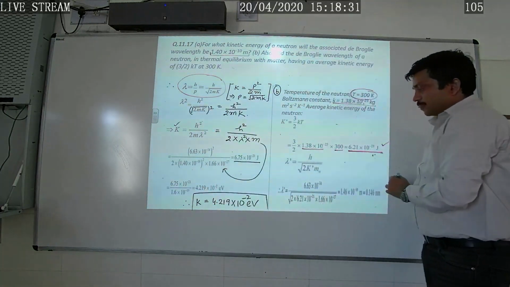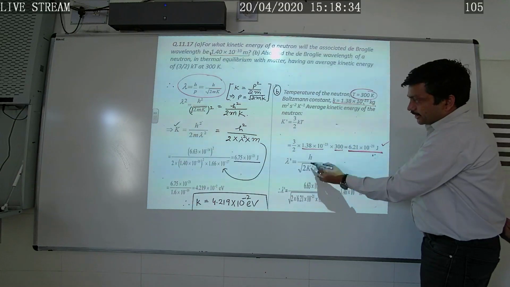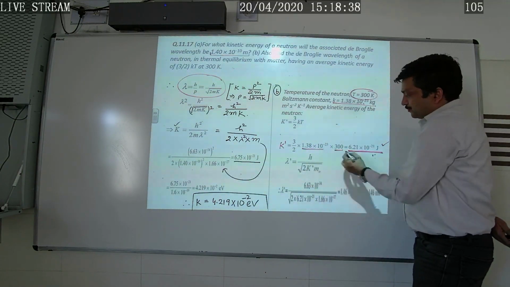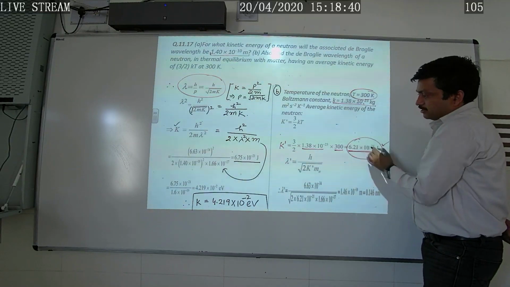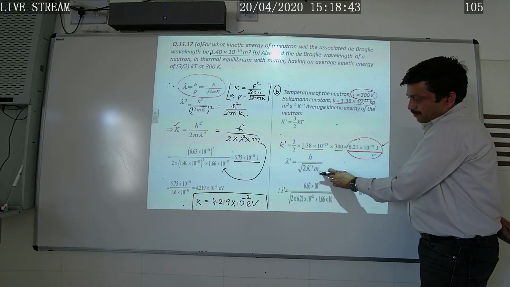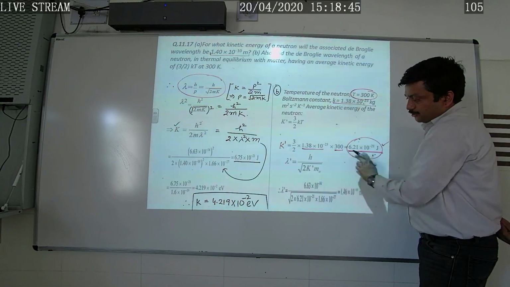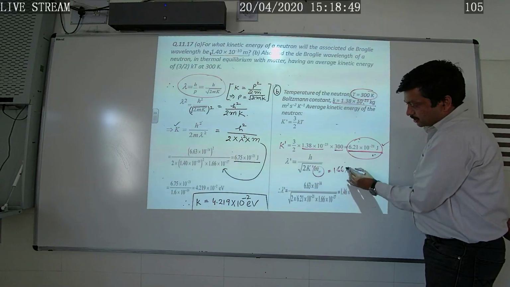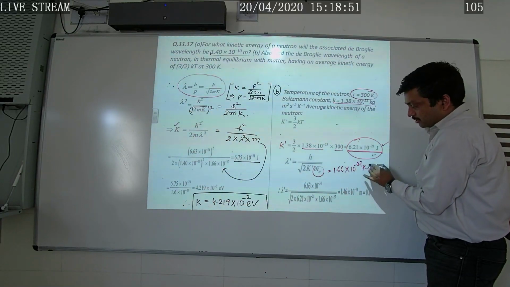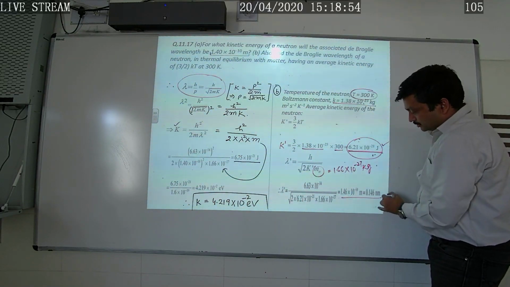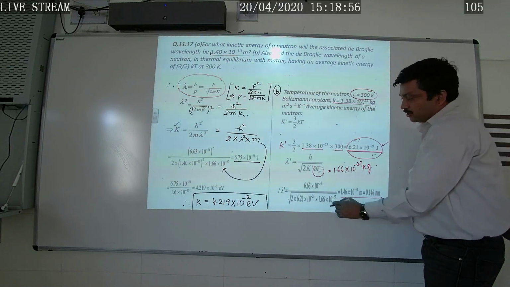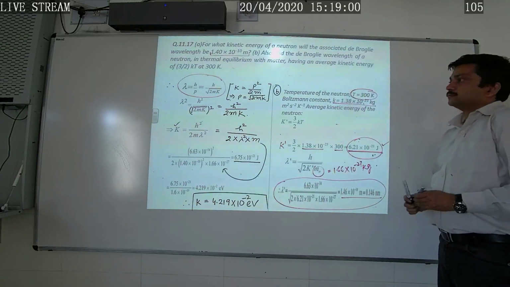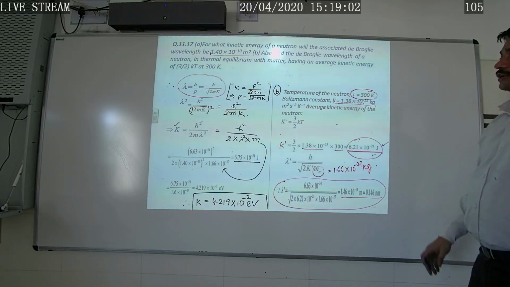Now putting the value, k dash is the average kinetic energy of the neutron, and mn is the mass of the neutron, that is 1.66 into 10 to the minus 27 kilogram. So we got the required answer, that is 0.416 nanometer. So this is the required wavelength lambda dash. Okay, let's move to the next question.